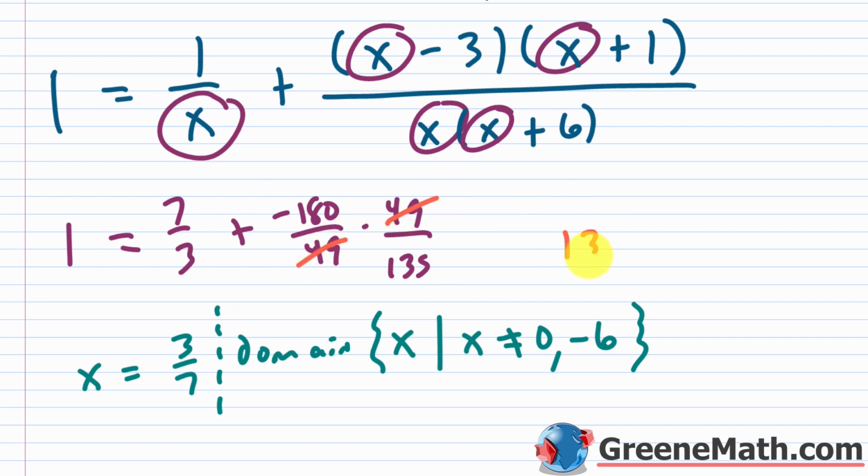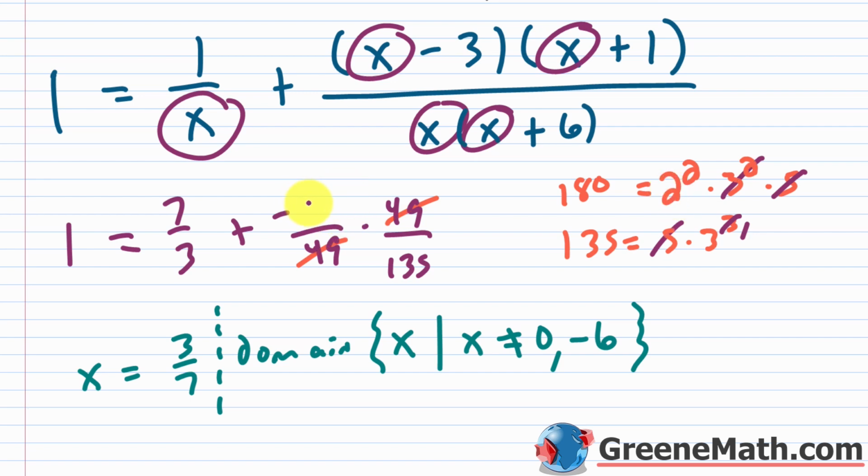Now 135 is going to be 5 times 3 cubed. And 180 is going to be 2 squared times 3 squared times 5. You would basically cancel a common factor of 5 and a common factor of 3 squared, or 9. So essentially in the numerator, you're going to have a negative 4, and in the denominator, you're going to have 3 to the first power.